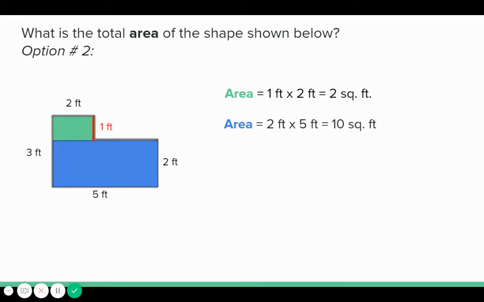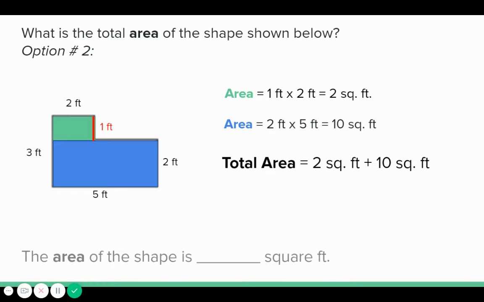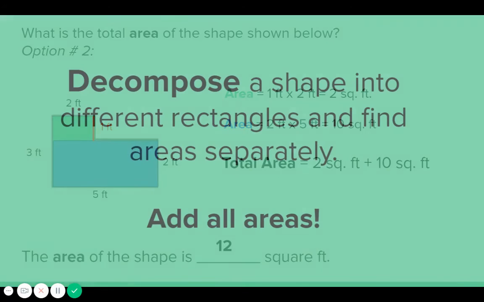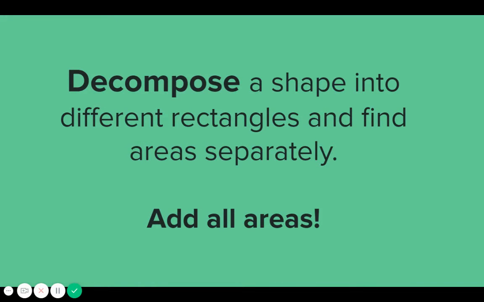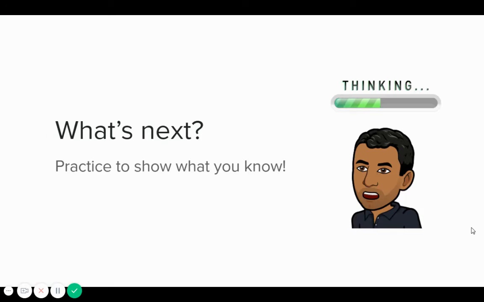And then to find the total area of this shape, we're going to add the 2 areas, and that is 2 square feet plus 10 square feet. The area of the shape is 12 square feet. So we got the same result, just decomposing the shape in a different way. If you decompose a shape into different rectangles, you can find areas separately. Just don't forget to add them at the end to get the total area.